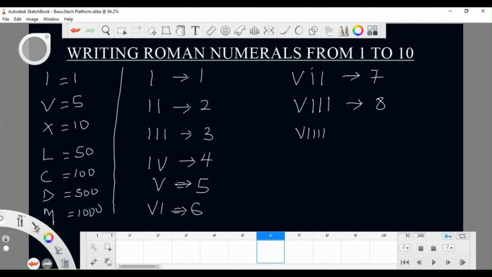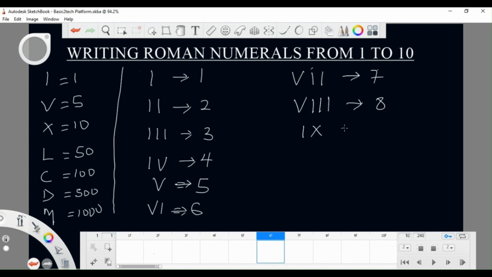So this won't work. So what we do to get 9 is that we can subtract 1 from 10. That means that we have to write IX. Remember, to subtract, the small symbol must come before the large number.